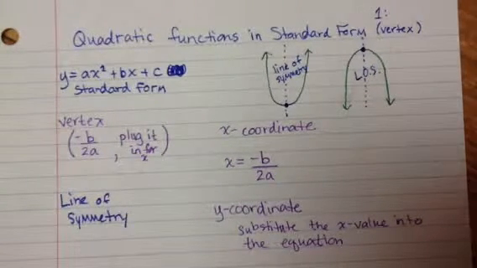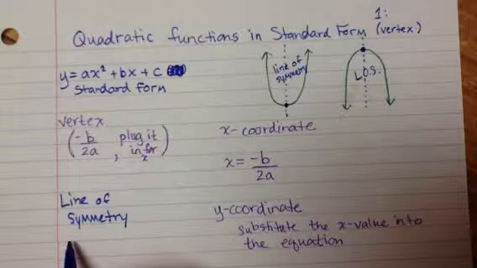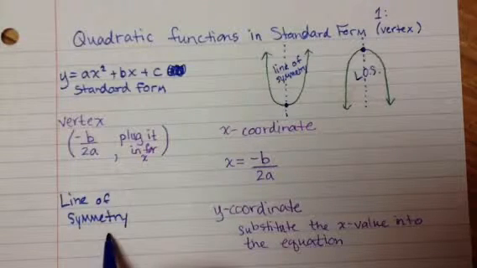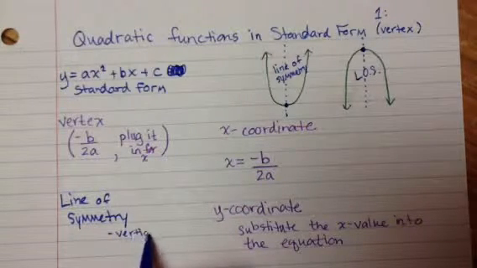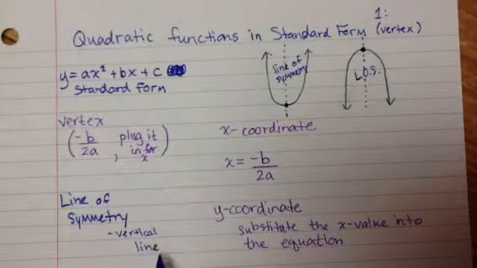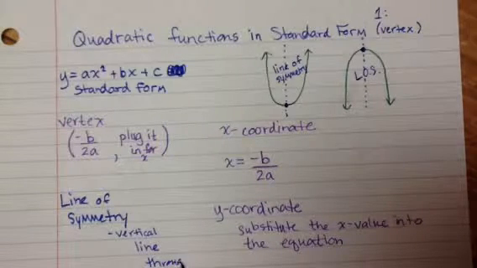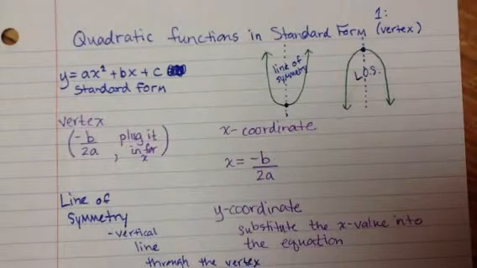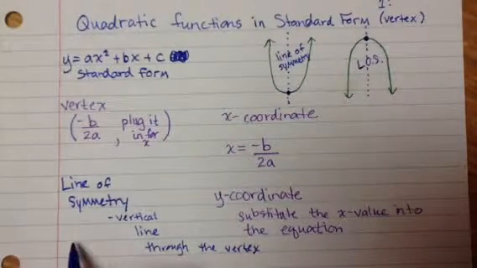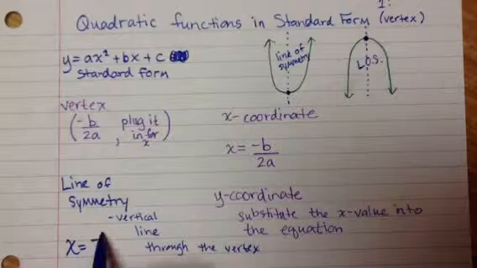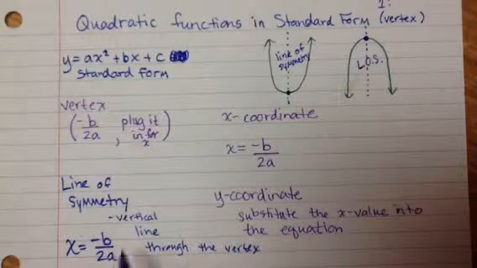The line of symmetry is a vertical line through the vertex. And it has the equation x equals opposite b over 2a.